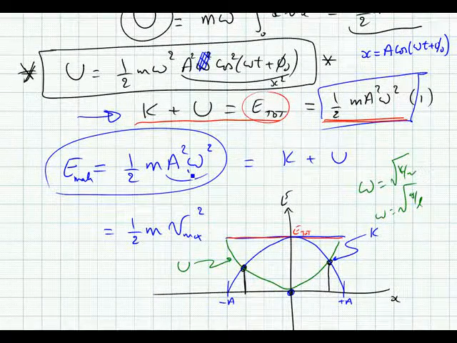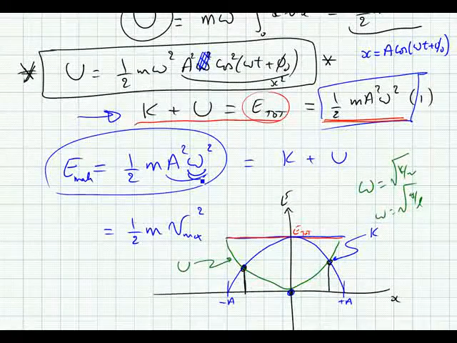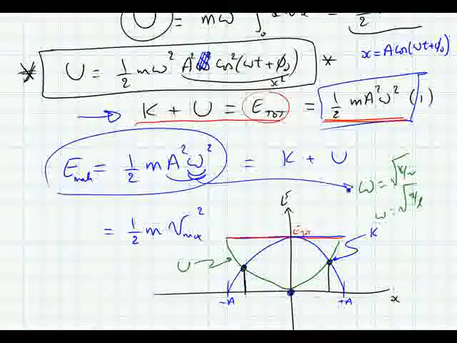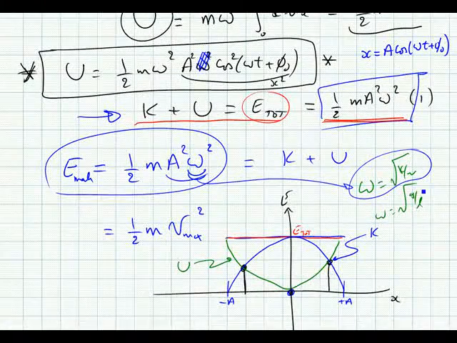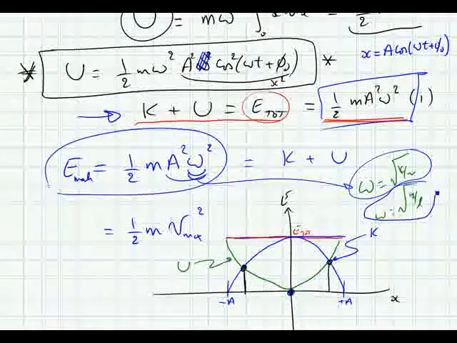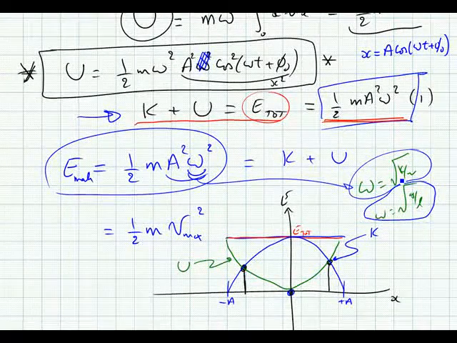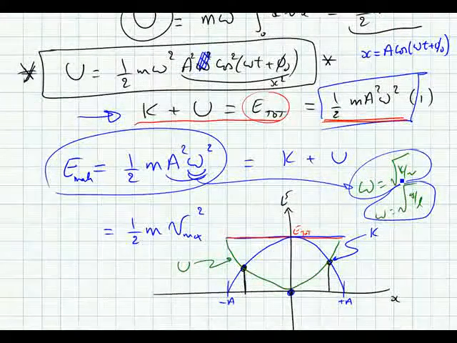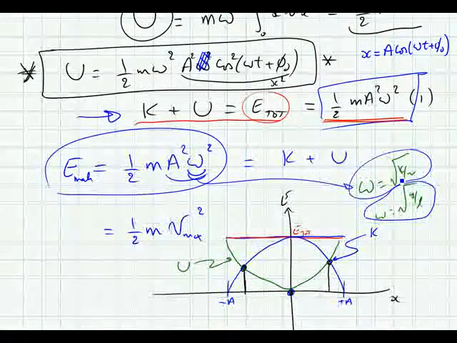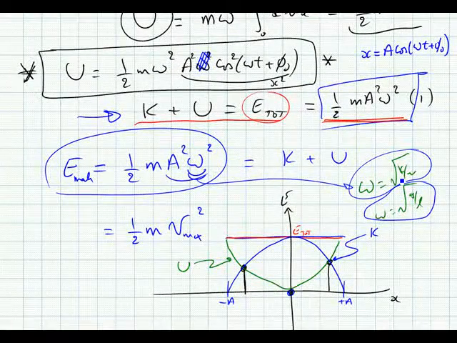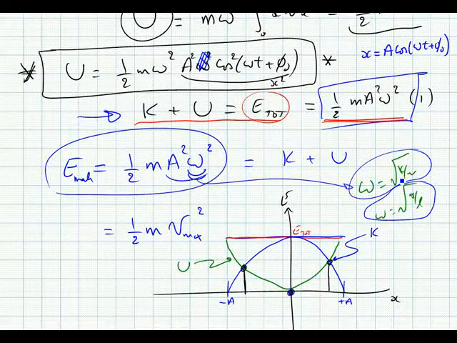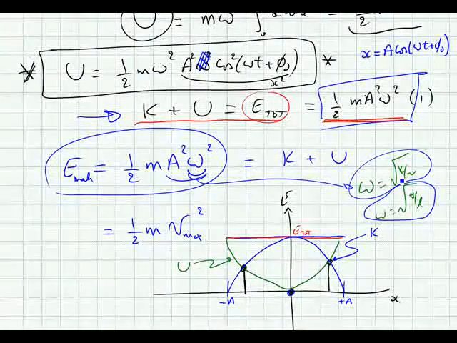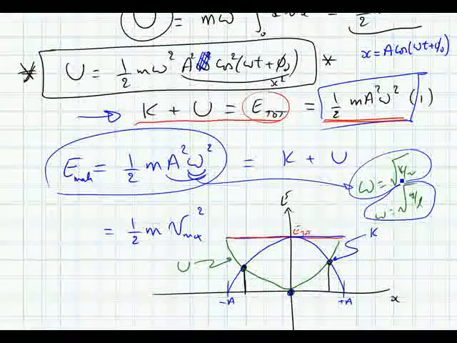By the way, in this equation for omega, if you're dealing with a mass on a spring, then omega is given by the square root of k over m, and if you're dealing with a pendulum, it's given by the square root of g over l. Later on, if you encounter a different type of force involved, then you need to analyze your system and decide what omega is given by for the particular system that you're working with.